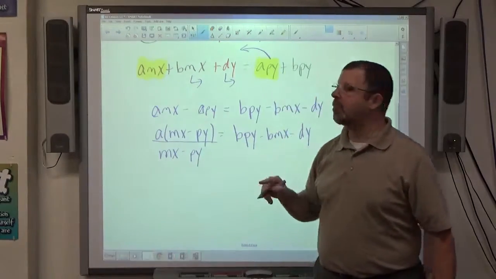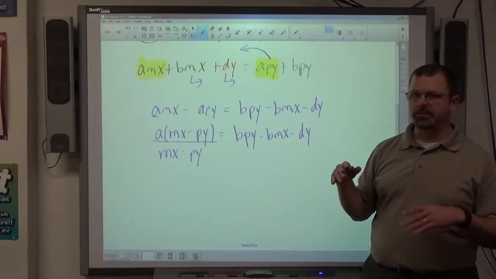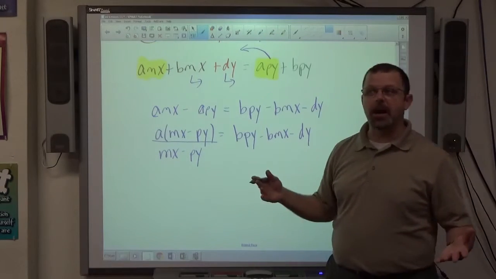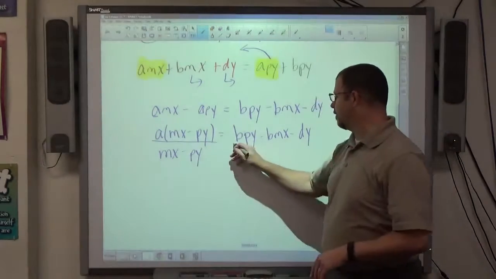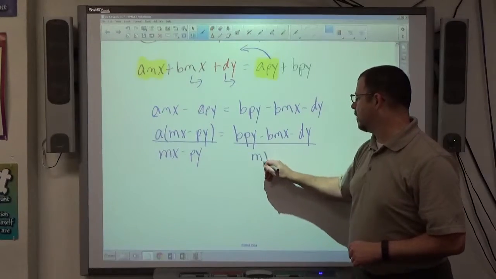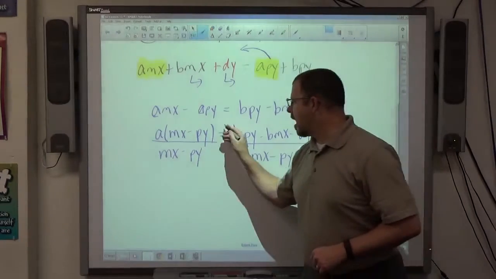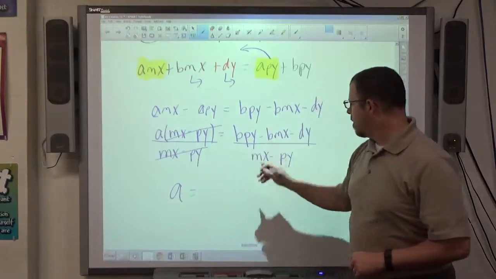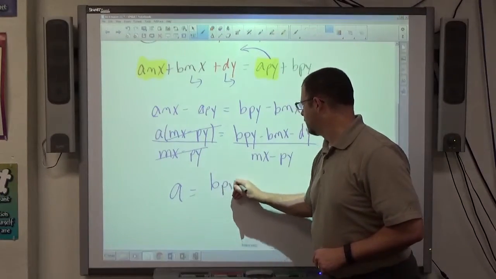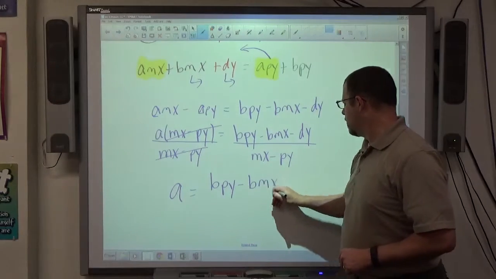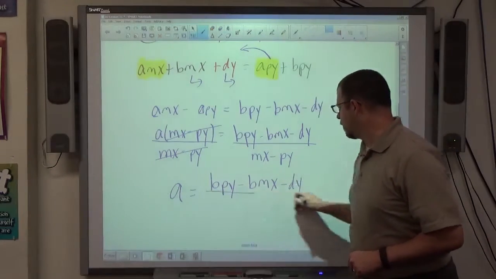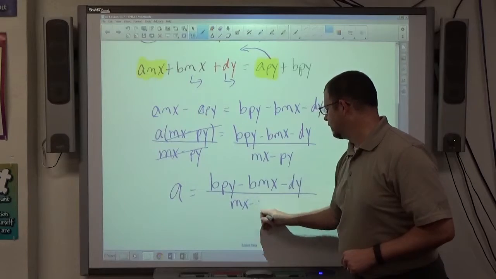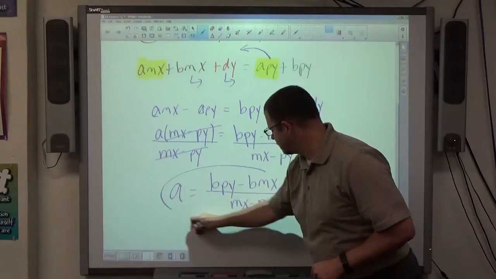Do not ever divide by what you're trying to solve for. I'm trying to find a, I don't divide by a. I keep a over there by itself. Everything that's attached to a is going to be divided out. mx minus py and mx minus py go away, leaving a equals bpy minus bmx minus dy on top over mx minus py on the bottom.